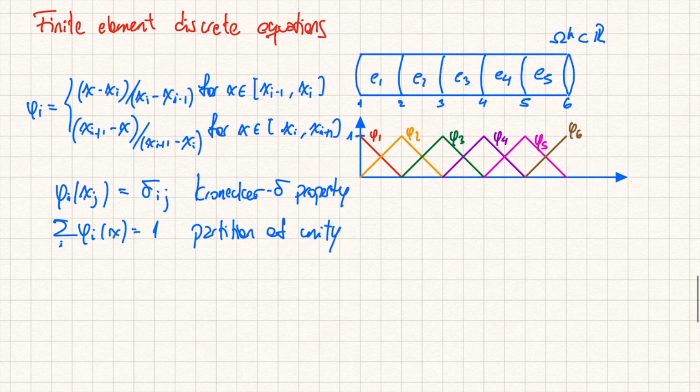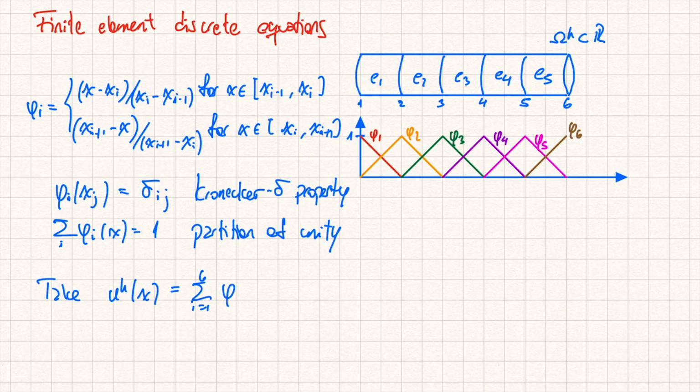All right, so now that we have discretized our domain and we have our functions, we're going to take the trial solution and the test function from this finite element space. So we take uh of x to be the sum, I equals 1 to 6.